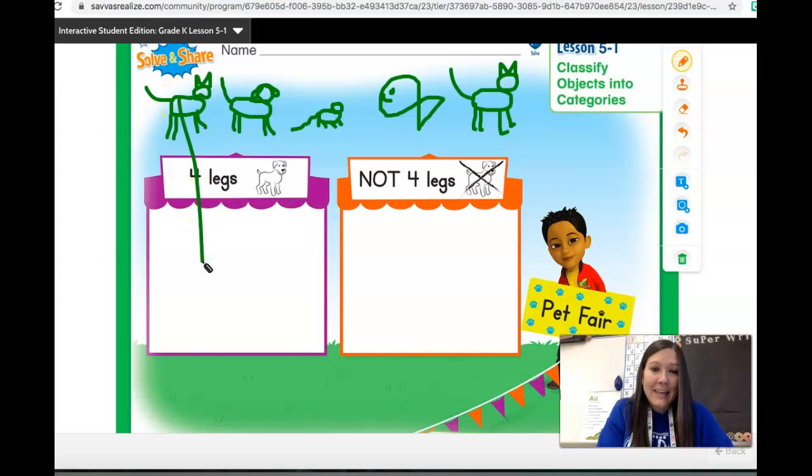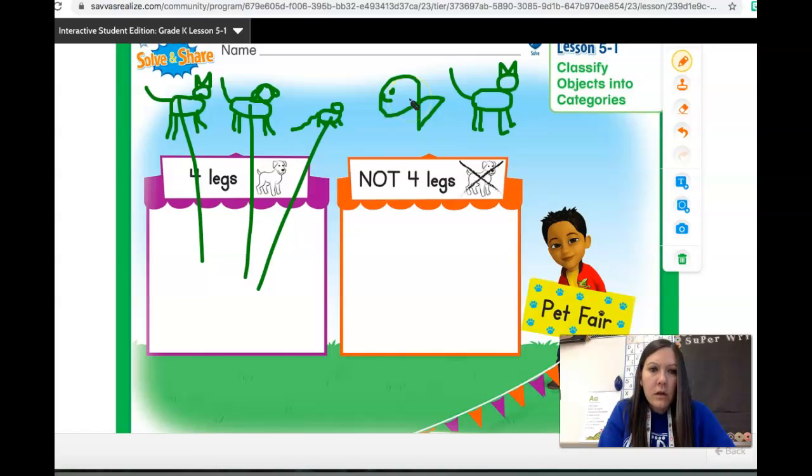So I'm going to put the cat in that tent. What about a dog? Does a dog have 4 legs or not 4 legs? 4 legs, so he goes in that tent. What about a mouse? Does a mouse have 4 legs or not 4 legs? A mouse goes into the tent with animals that have 4 legs.